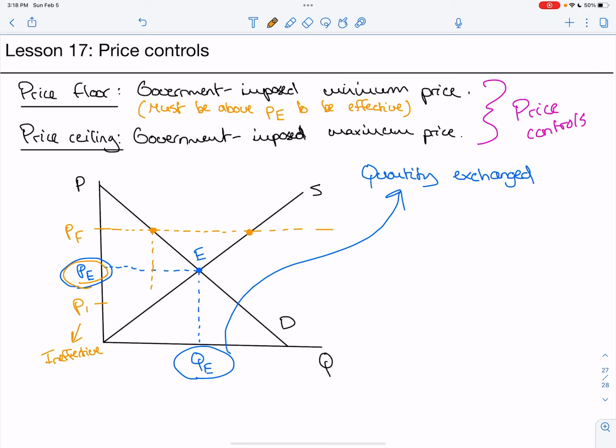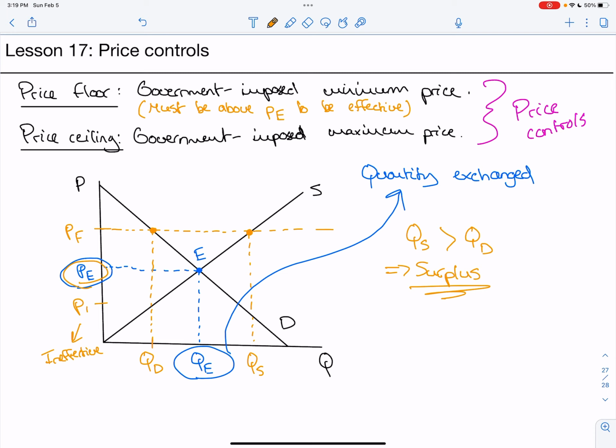So this here would be our quantity demanded, and this here would be our quantity supplied. Now, what do we notice? We notice that quantity supplied is greater than quantity demanded, and this is a situation that we refer to as a surplus. Okay?